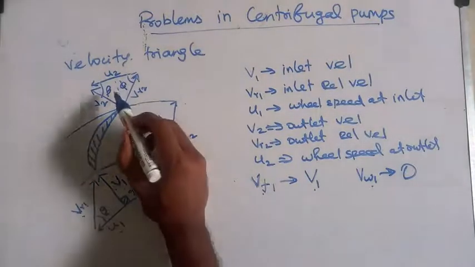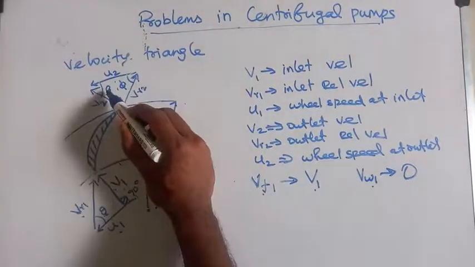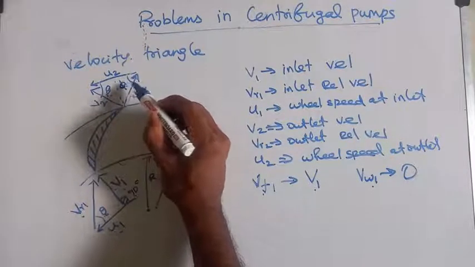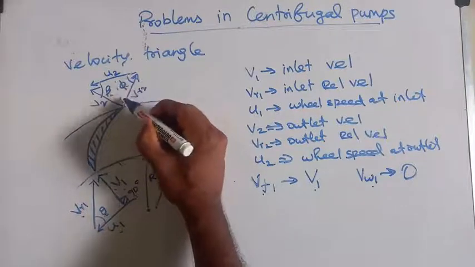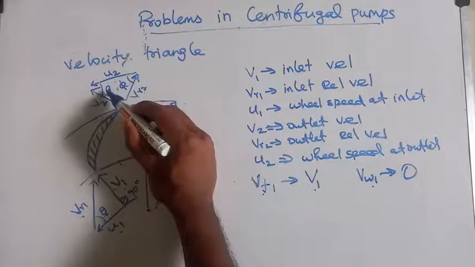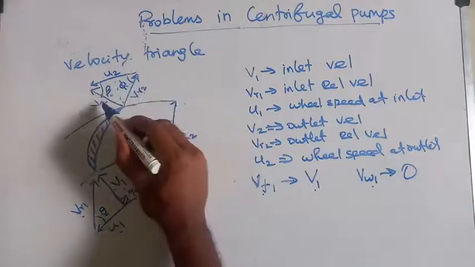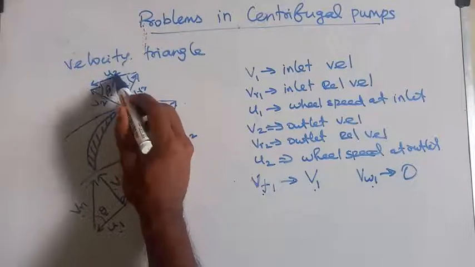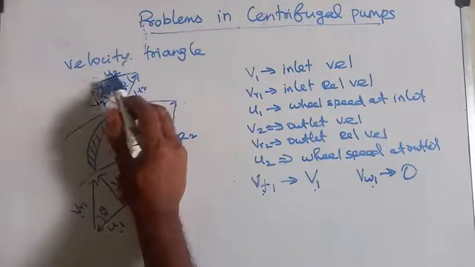If I go here, this beta is the guide blade angle at outlet. Phi is the vane angle at outlet, because VR2 makes phi and V2 makes beta. The vertical component of V2 is called VF2 and the horizontal component is called VW2.